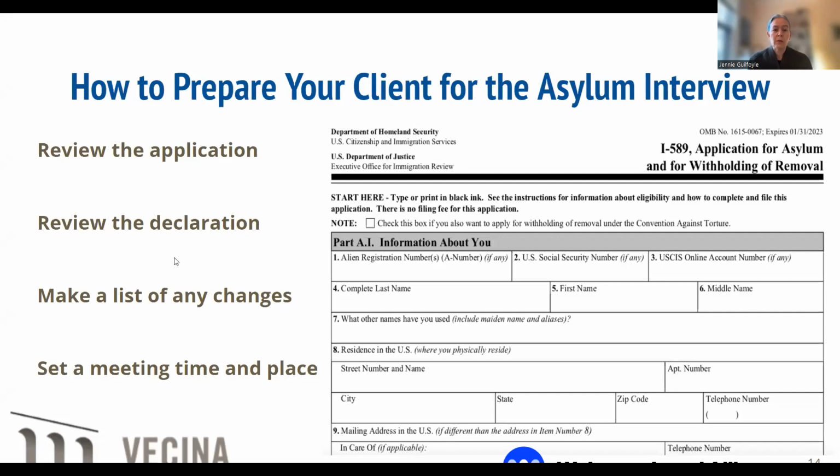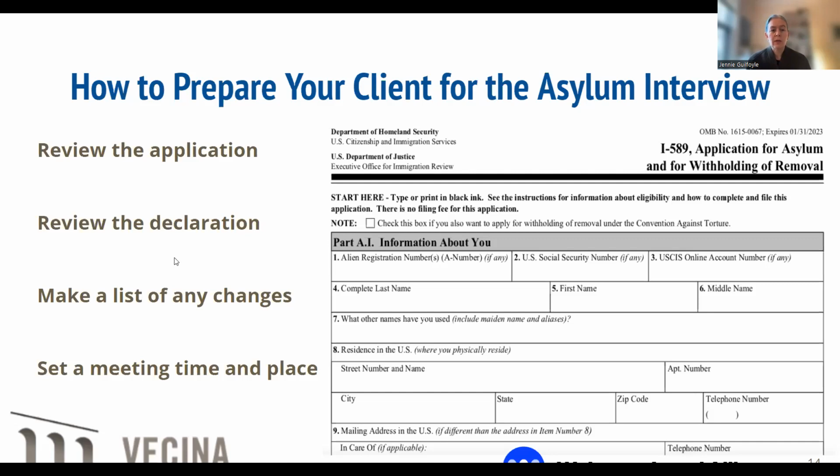Also review their declaration and make sure that they're totally familiar with what's in the application and the declaration. The asylum officer will absolutely be asking the applicant who prepared this application and declaration, are you aware of everything in here? Is everything in here true and correct? That's going to happen in 100% of interviews. So it's really important that the applicant be fully aware of what's in there.